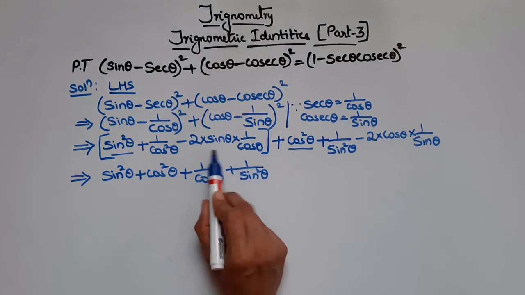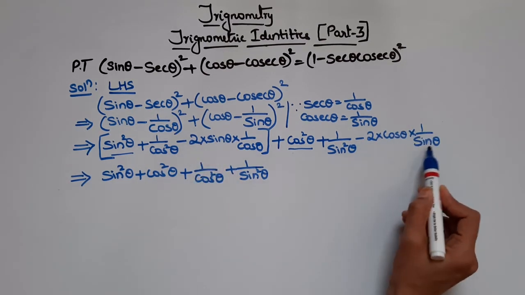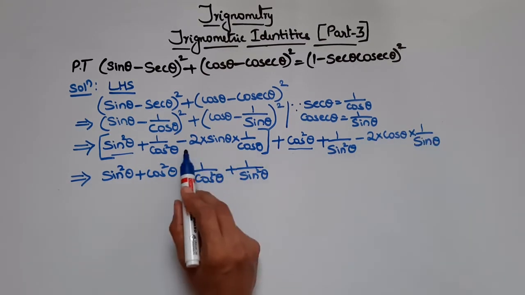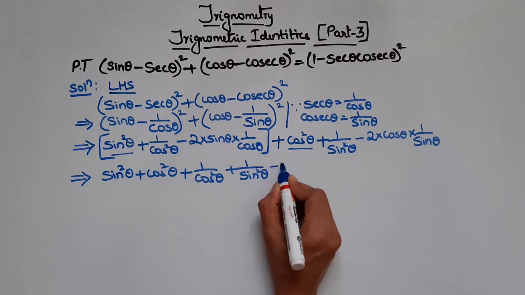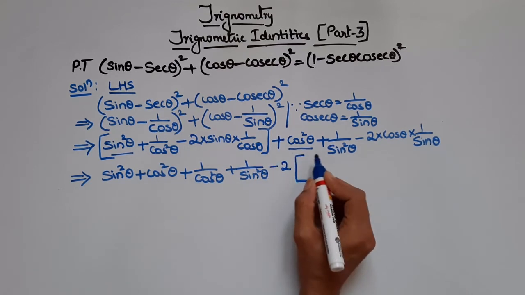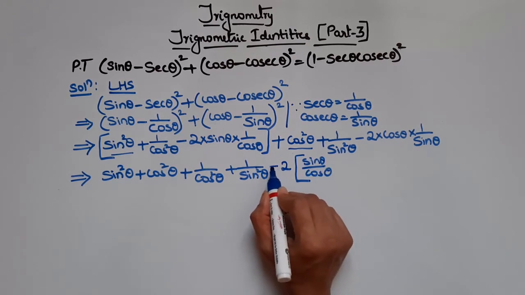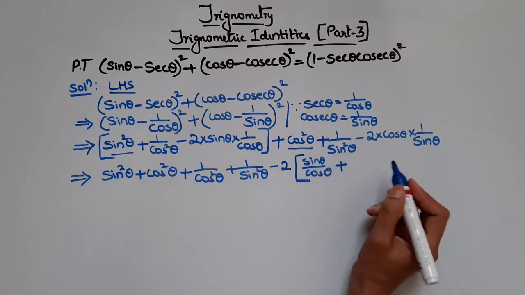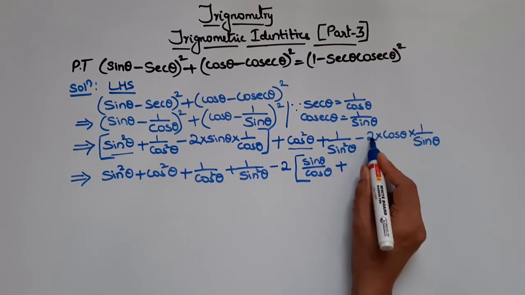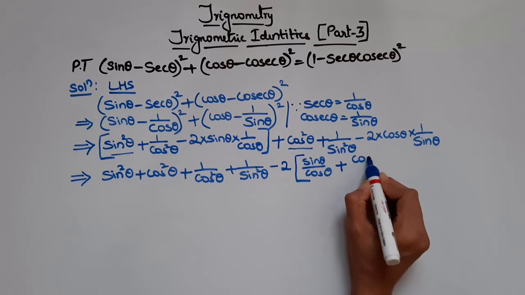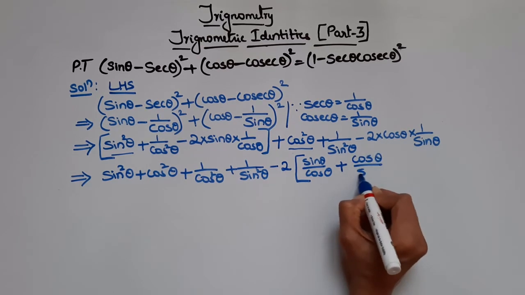Alright, so now we are left with this term and this term, right? So in these two terms minus 2 is common, we will keep that outside, minus 2. Here we are left with sin theta by cos theta. So minus is outside, so minus into plus is minus, right? So 2 is outside, we have cos theta by sin theta.